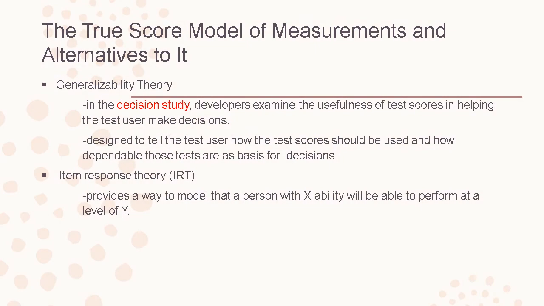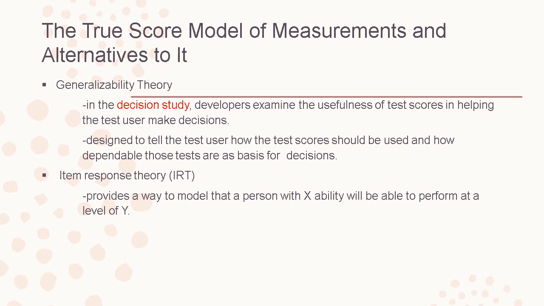In the decision study, developers examine the usefulness of test scores in helping the test user make decisions. It is designed to tell the test user how the test score should be used and how dependable those tests are as a basis for decisions. The G theory is used for evaluating the dependability or reliability of behavioral measurements.